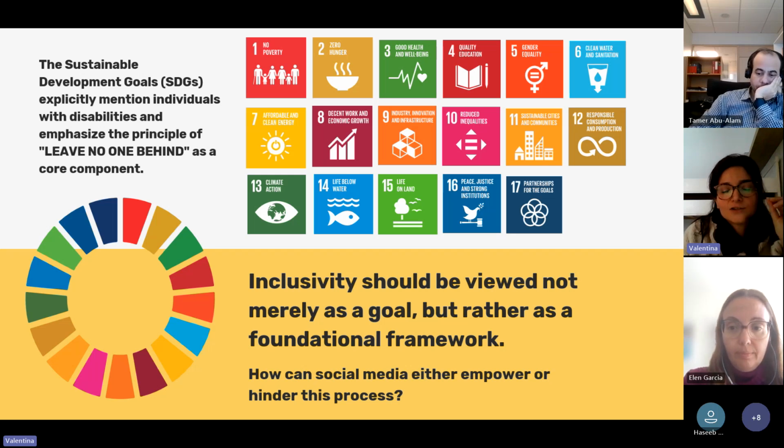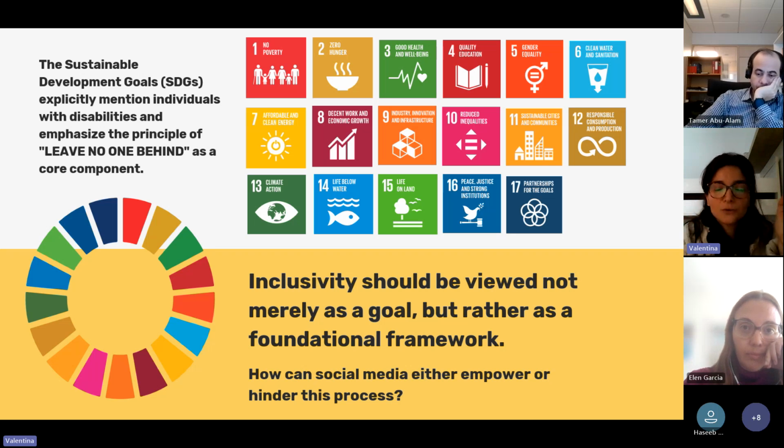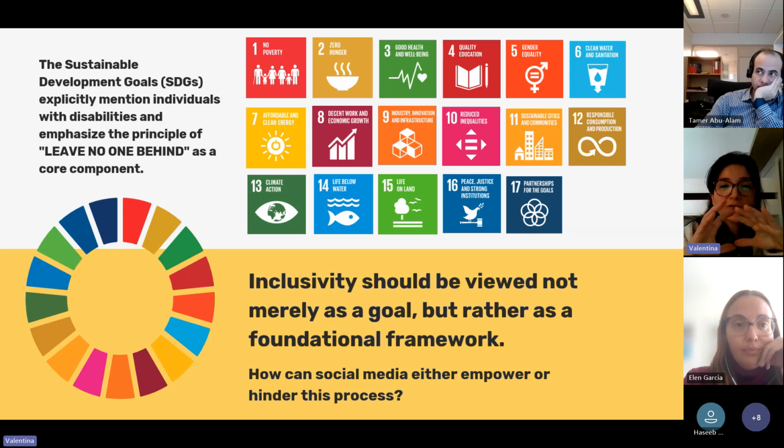But to me, this inclusivity should be considered not merely as a goal that we want to achieve, but rather as a foundational framework that should frame all these goals. So how can we use social media to empower or to hinder this important process of inclusivity?